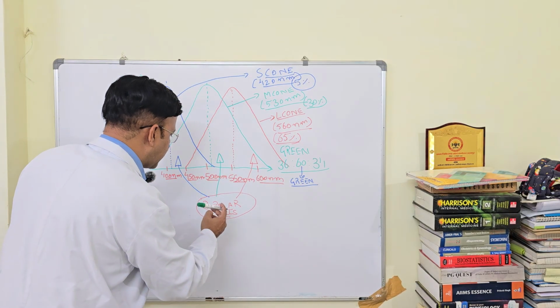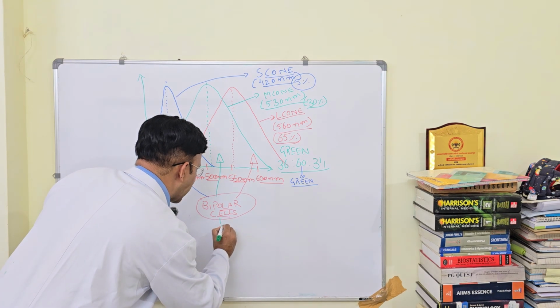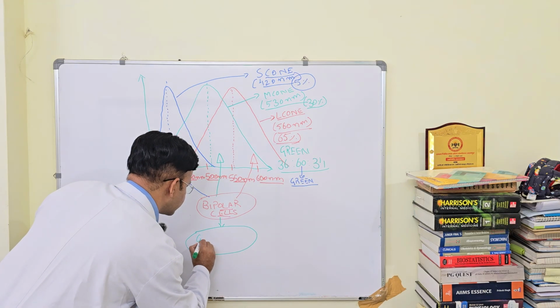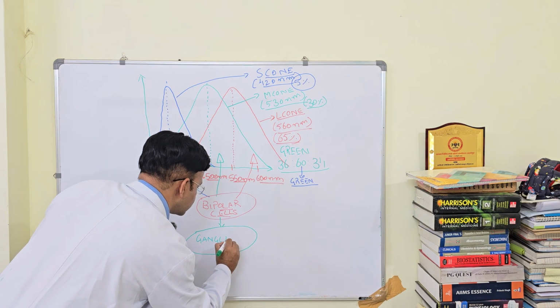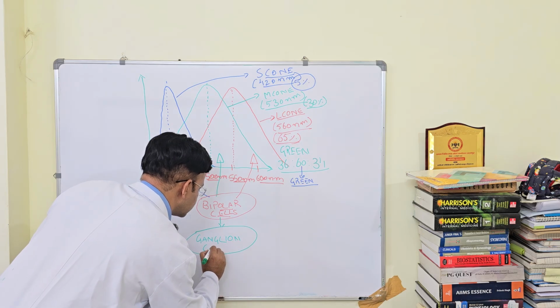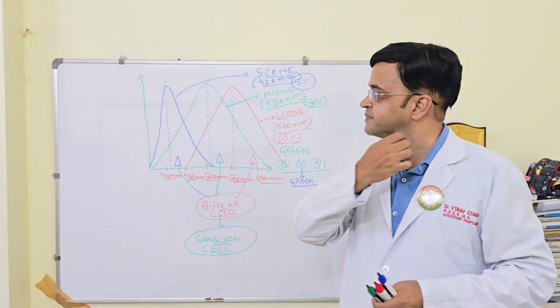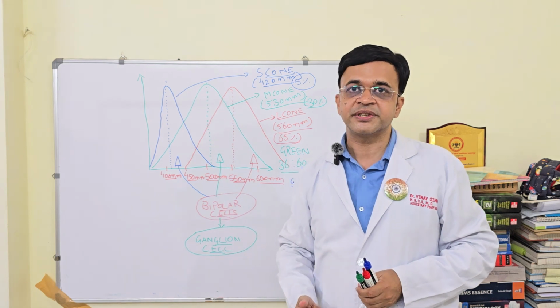Now, these bipolar cells will further convey the message to the ganglion cell. In ganglion cells, something interesting happens. Up to this point was our trichromatic theory.